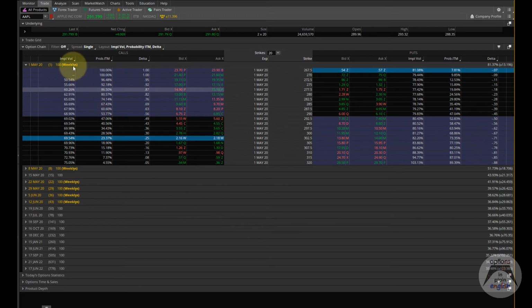So now we're going to analyze Apple, and again, this is not a recommendation to buy or sell Apple stock or options or to put on any strategy. We're just doing this as an educational tool. So don't go out and replicate what we're putting on here, because this is just for you to understand how option pricing works.